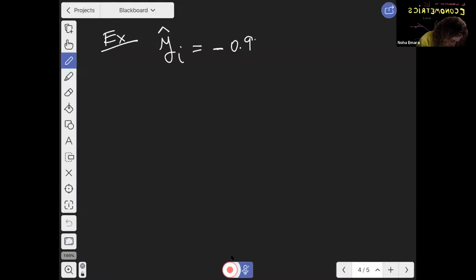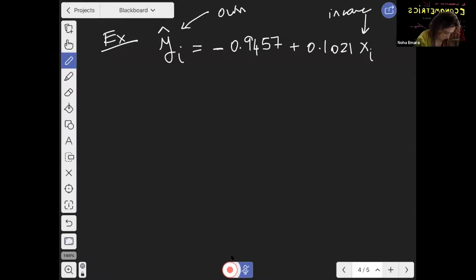These numbers I got after I ran the model, plus 0.1021 xi, and remember this is the family income, and yi is the probability of owning the house. And we have a standard error as we usually do, right under each coefficient. I really don't need it now, but just for completion, I'm going to have it. You have R squared, 0.8, and so on.